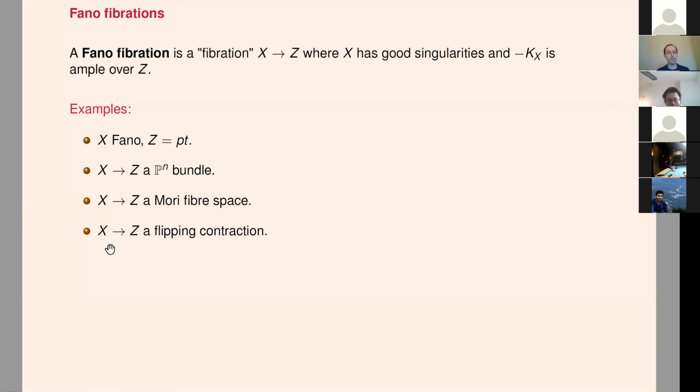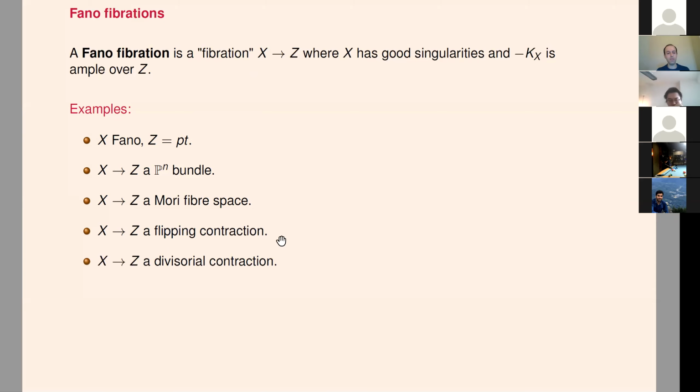That, roughly speaking, means that you have a birational morphism where you don't contract any divisor, but you contract maybe some other curves, some other subvarieties of higher codimension. So this is birational, but it is still an example of a Fano fibration according to this definition.